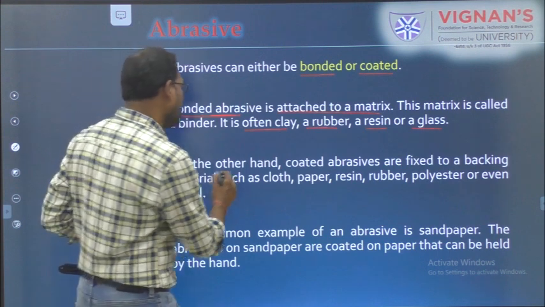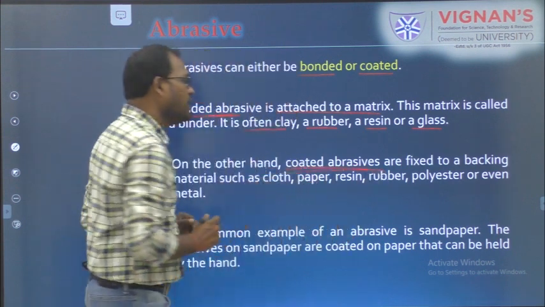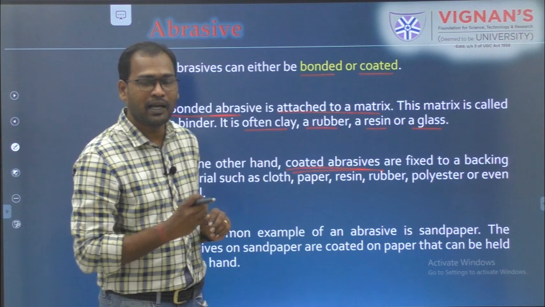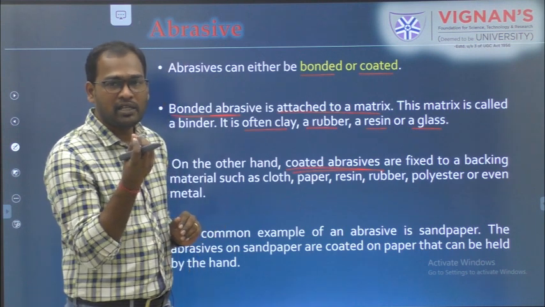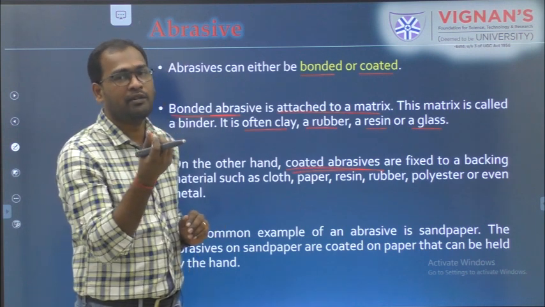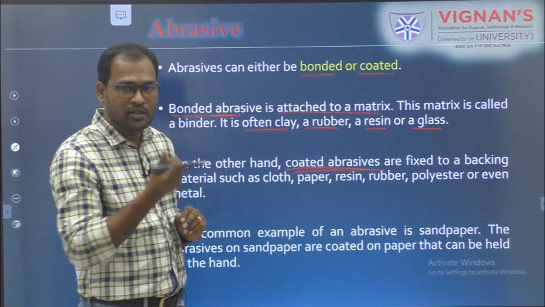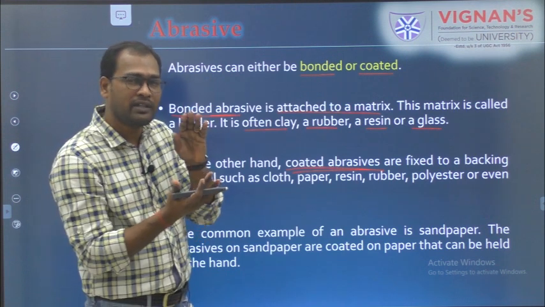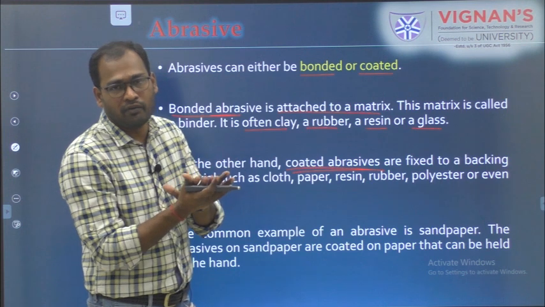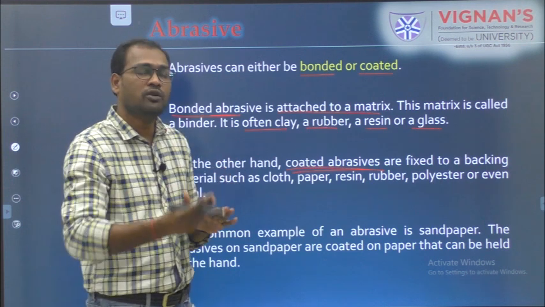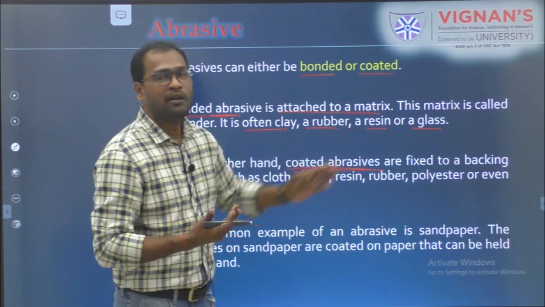And the second type is coated abrasives. Okay. So, these coated abrasives come into action where the abrasive material is in a very fine powder. When these abrasives are in a very fine powder, it gets difficult to put them in the bonded form, because you will require a larger amount of matrix.